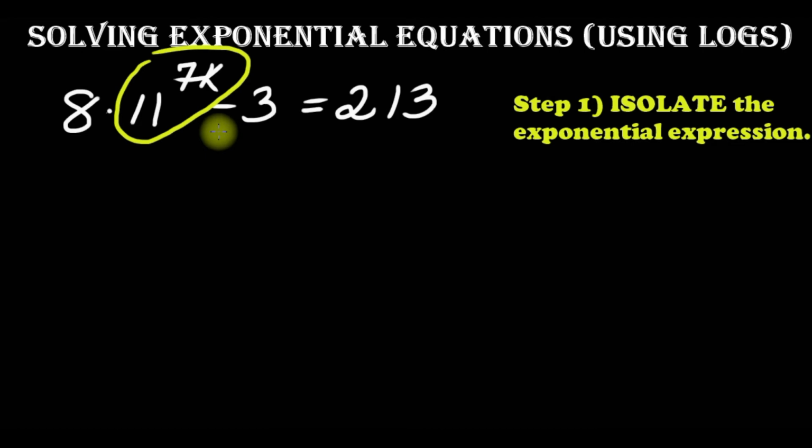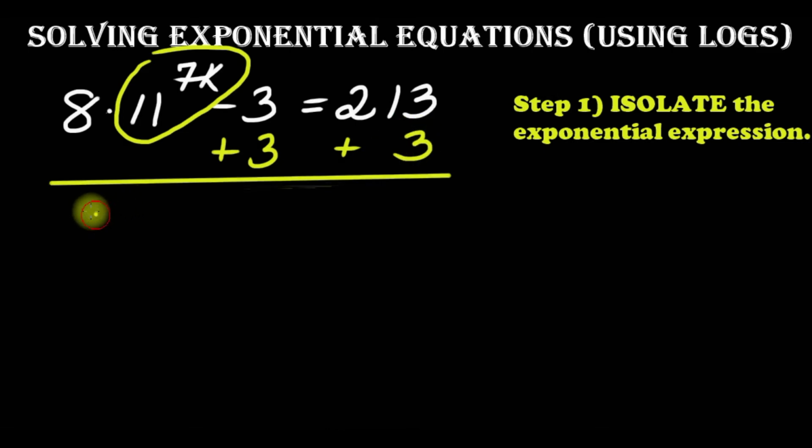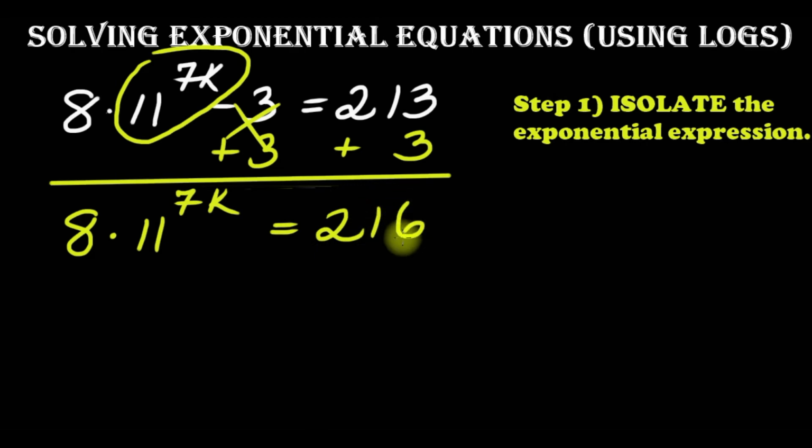So I have to get rid of the minus 3 and then the multiplication by 8. To get rid of the minus 3, I add 3 to both sides. Then I have 8 times 11 to the 7k, and these are gone, is 216.